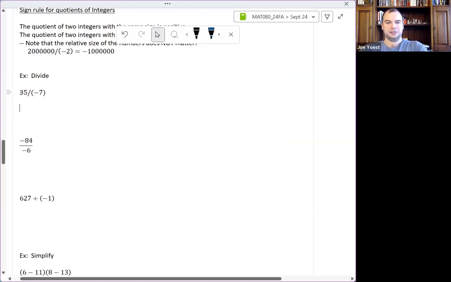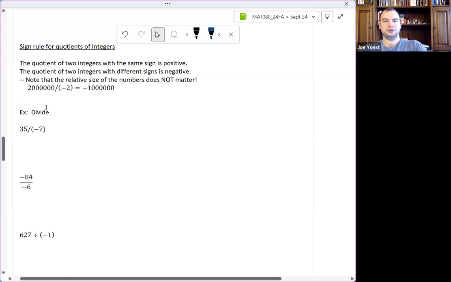Okay, so let's look at these three division problems. I have 35 divided by -7. I have the quotient of two integers with different signs. The answer is going to be negative.